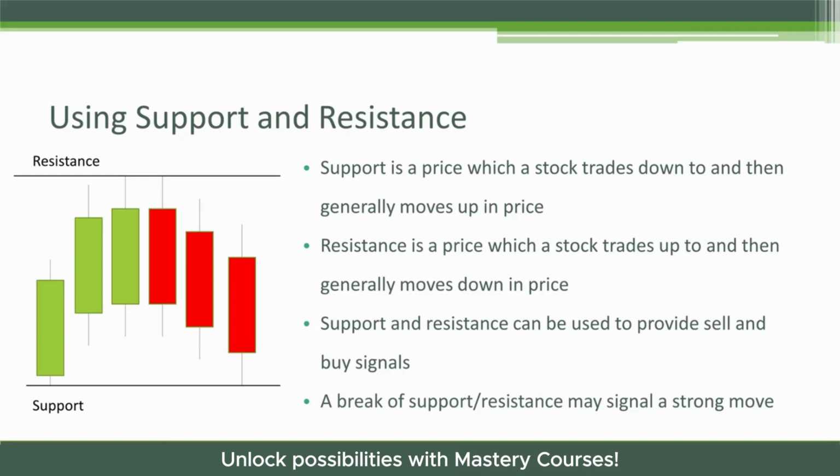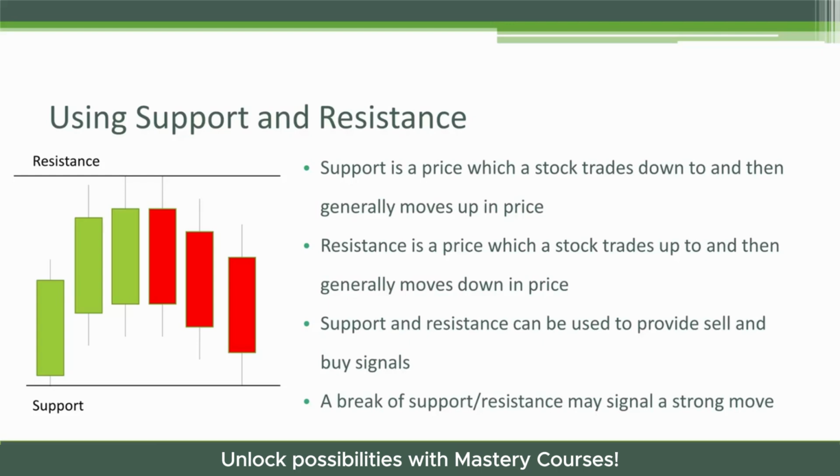You can have both major and minor levels of support. The major would be at the higher time frame and in place for a longer period of time. And then you can have minor levels of support and resistance in shorter time frames. Or these can be set up within major levels of support and resistance.